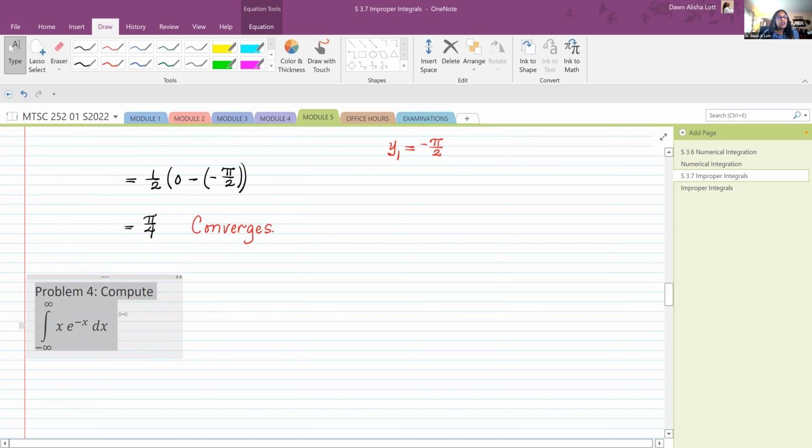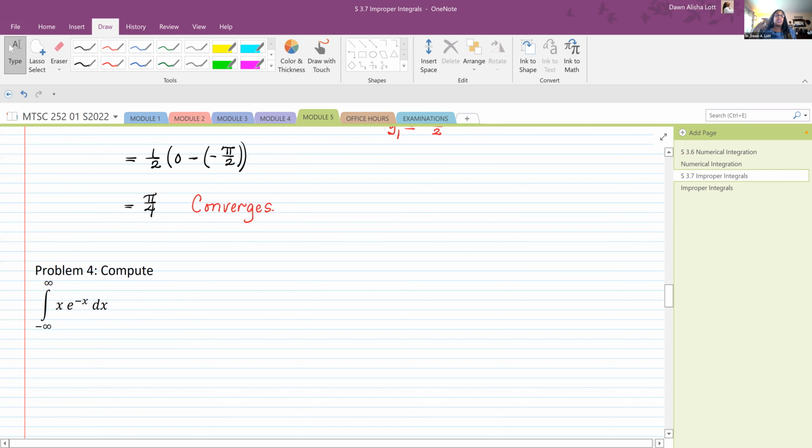We could split this up into two separate integrals, since everything is okay inside the integral, or we could do the limit as t approaches infinity of the integral from negative t to t of x e to the negative x dx.